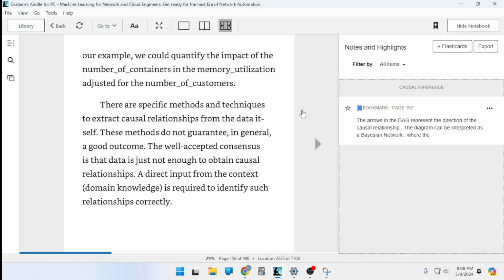There are specific methods and techniques to extract causal relationships from the data itself. These methods do not guarantee, in general, a good outcome. The well-accepted consensus is that data is just not enough to obtain causal relationships. A direct input from the context domain knowledge is required to identify such relationships correctly.